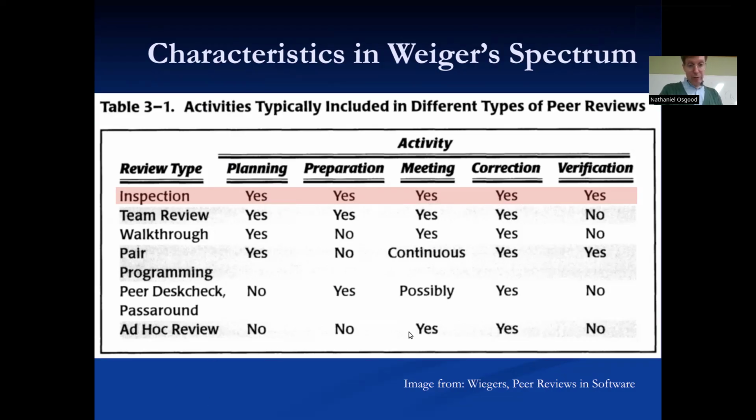Meanwhile, ad hoc reviews may have a meeting, like I asked someone, hey, could you take a look at this? There may be some correction made, but there's no advanced prep, no advanced planning, etc. And pair programming is just a continuous meeting. Sometimes it's pre-planned, sometimes it's not.